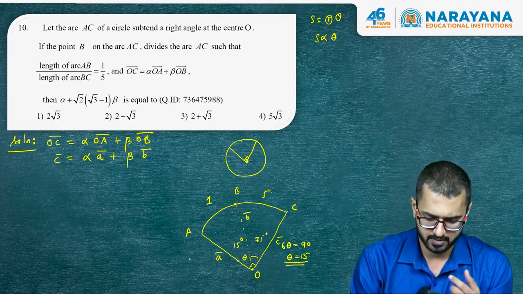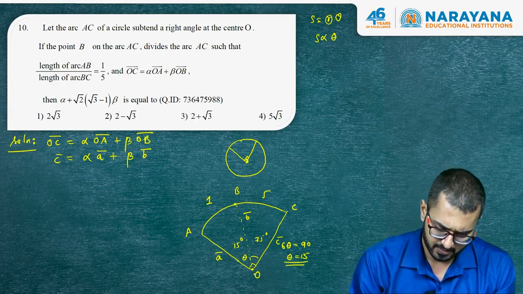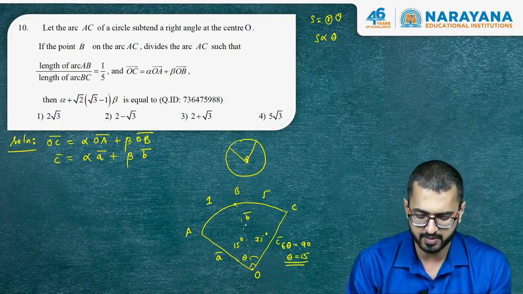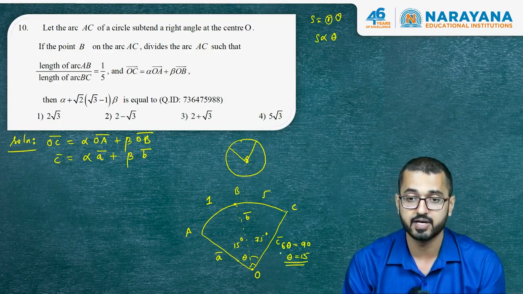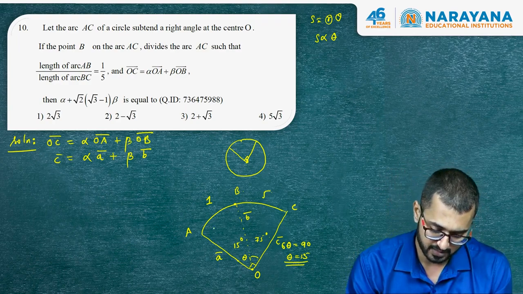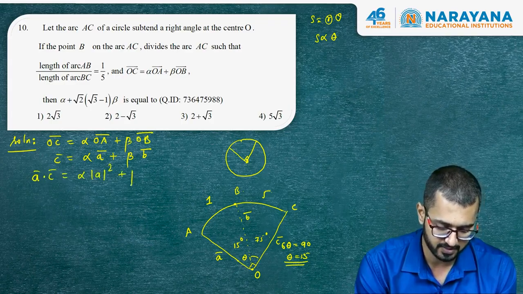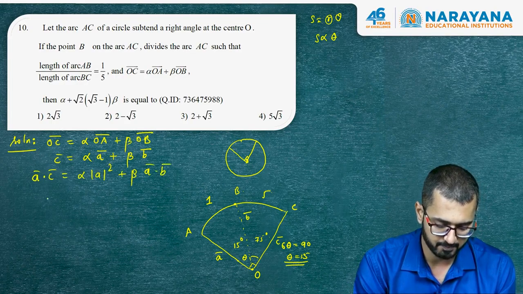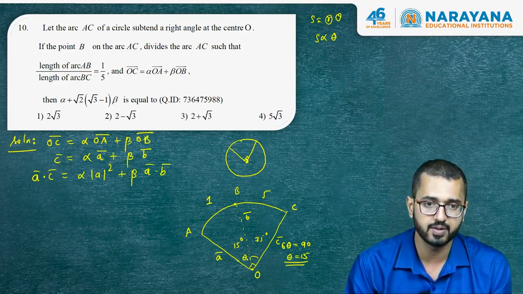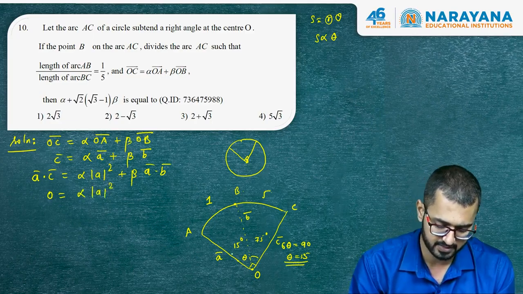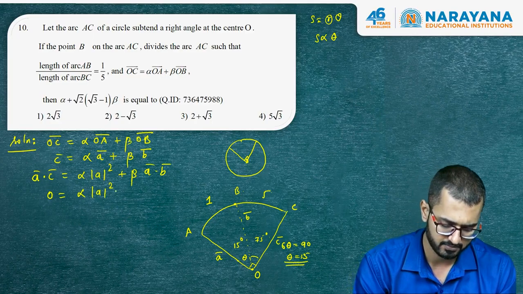We know all the angles, like the angle A bar makes with B bar, and with C bar. So we'll try to take the dot product. A bar dot C bar will be equal to alpha times modulus A square plus beta times A bar dot B bar. As A bar and C bar are perpendicular, this becomes 0, and here I have alpha times modulus of A square. We don't know what it is, but that's the radius ultimately.